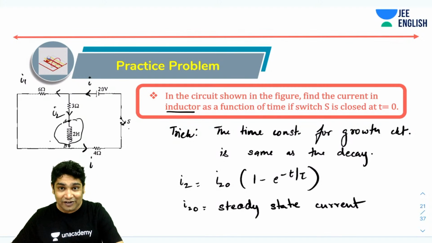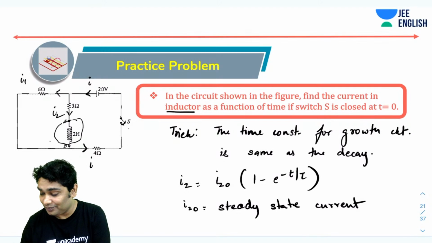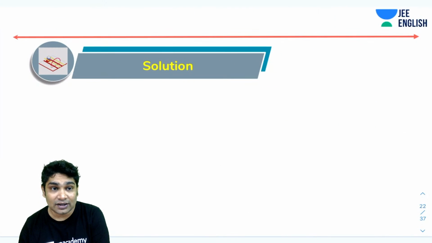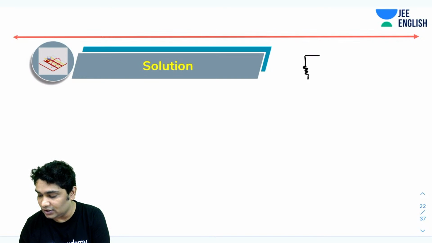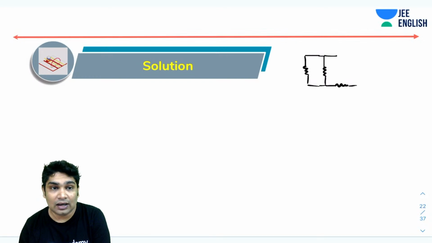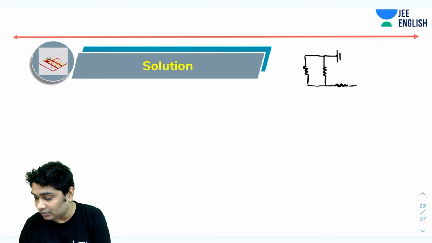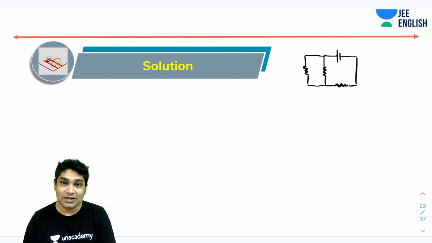So let's try and find out the value of I2 naught first. My circuit would have looked like this. I would have had a 6 ohm resistor here, a 3 ohm resistor here, a 4 ohm resistor here, and a battery here. This is the steady state circuit.